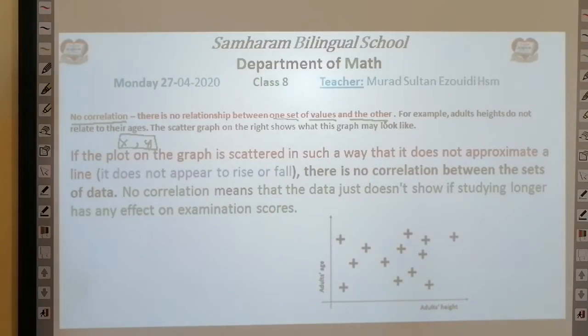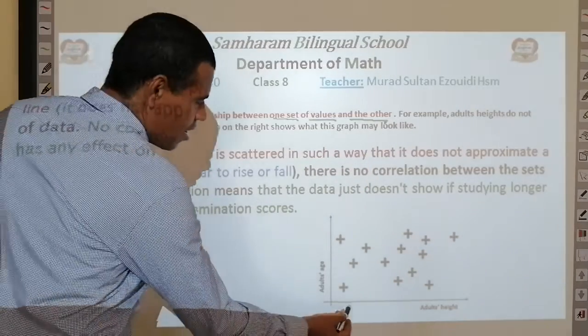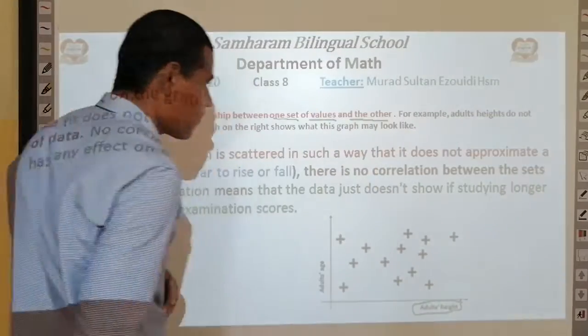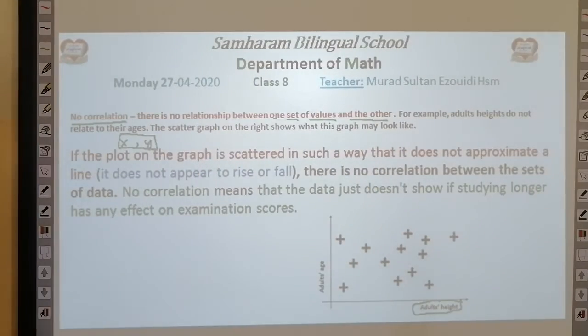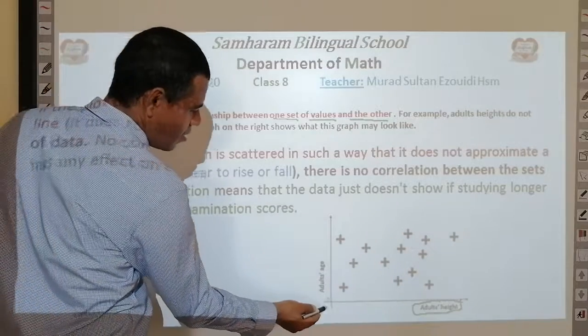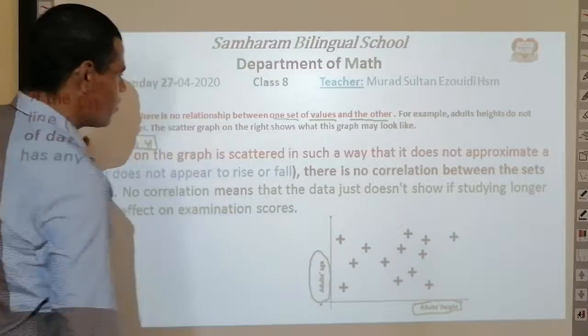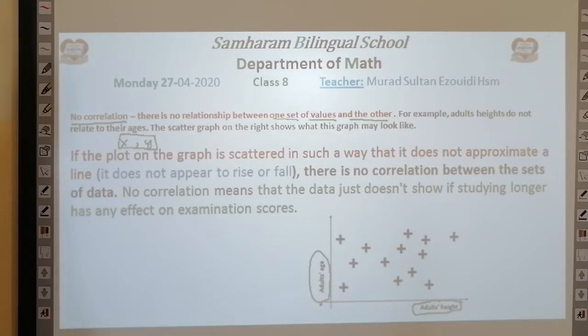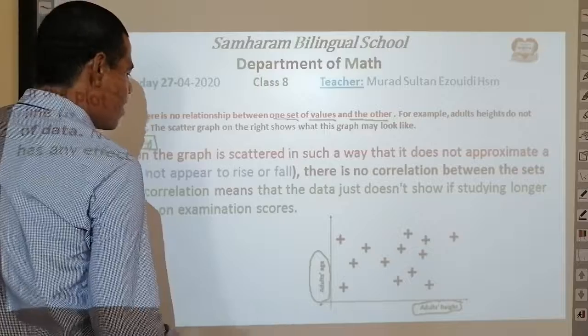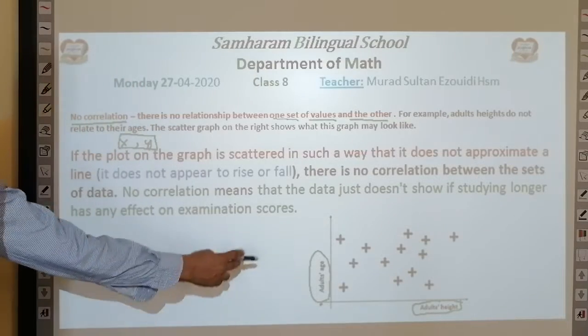For example, adults' height doesn't relate to their ages. So, the scatter graph drawn below may look like this one.